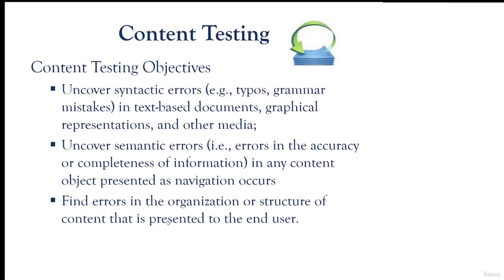Content testing is all about uncovering syntactic errors and typographical mistakes. You need to ensure that the text-based documents, graphical representations and other media are correct. You also need to uncover semantic errors, like errors in the accuracy or completeness of information in any content object presented as navigation occurs.